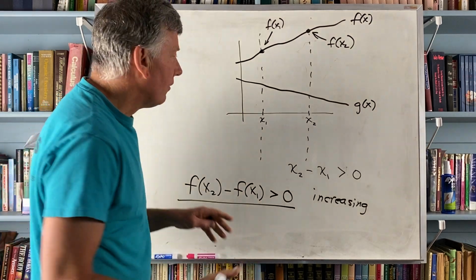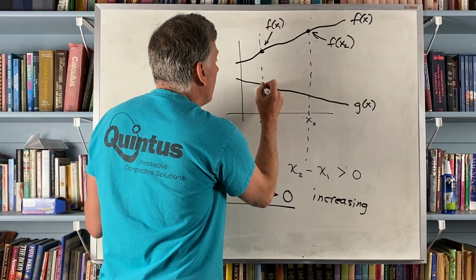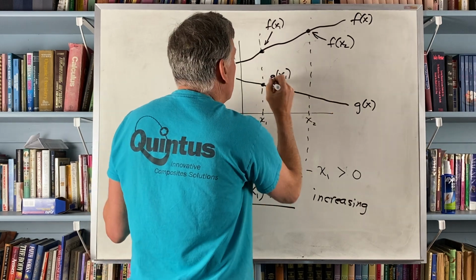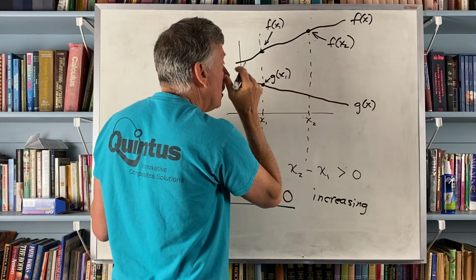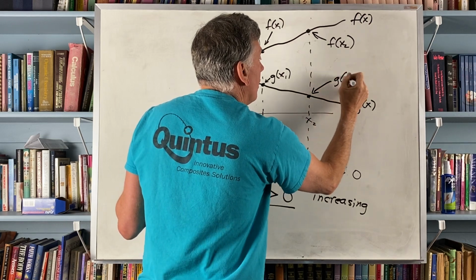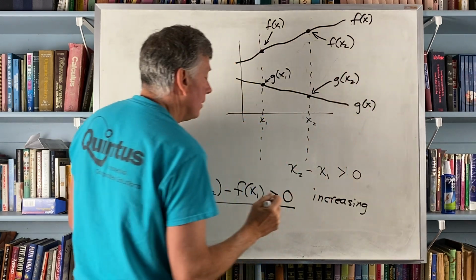Now let's go to the g of x. Here's our g of x sub 1 right there. And here is our g of x sub 2.